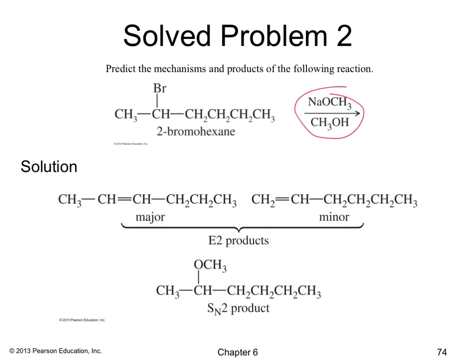So this is obeying Zaitsev's rule, where this is major versus minor. Or you can have simply nucleophilic attack on that carbon and kick off the bromine, generating the substituted product. Now, this carbon is a chiral center, but the chirality is not noted. If it was noted, then you'd have to undergo Walden inversion, and show that if this was R, it turned into S. So please note that.